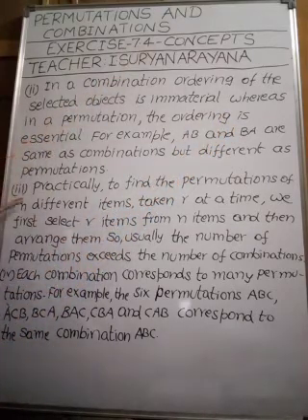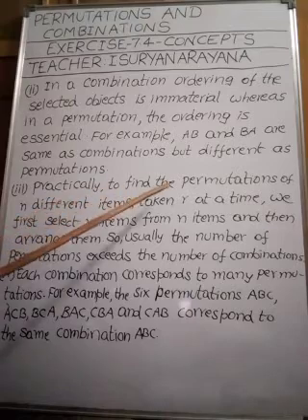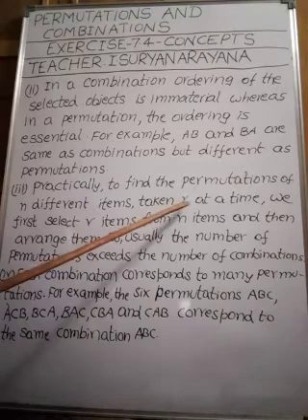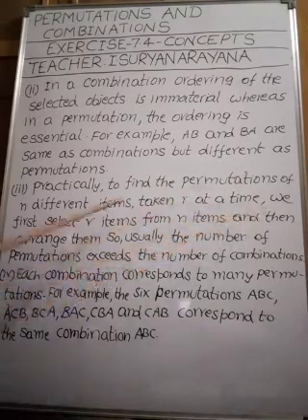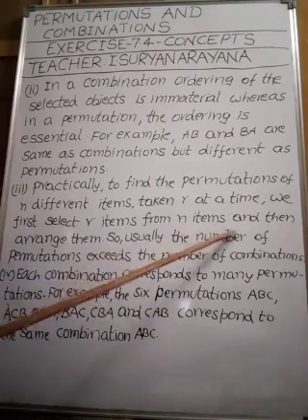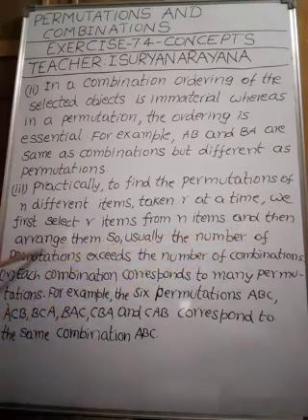Right. Now come to the next difference between permutations and combinations. Third difference. Practically, to find the permutations of n different items taken r at a time, we first select r items from the n items and then arrange them.